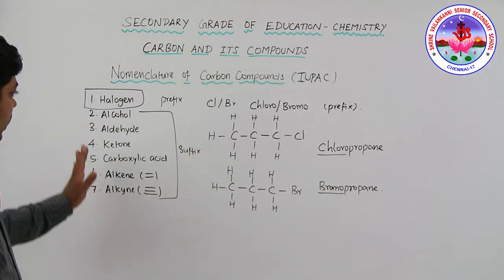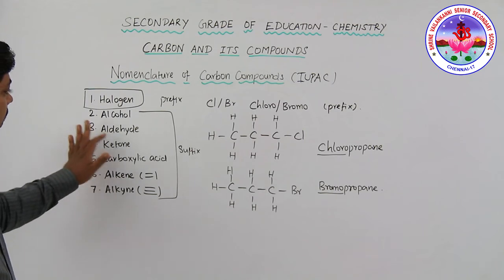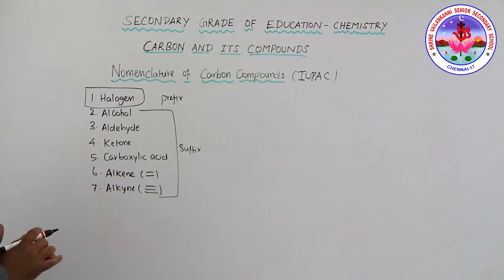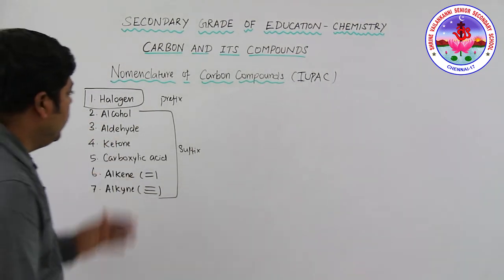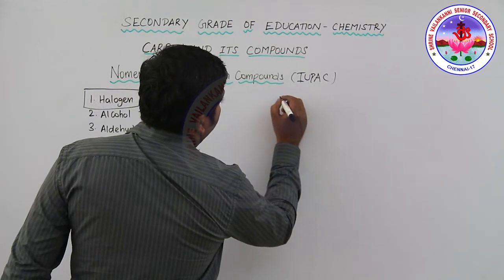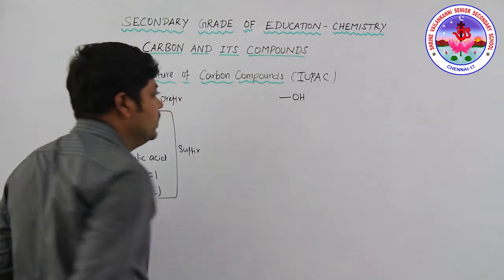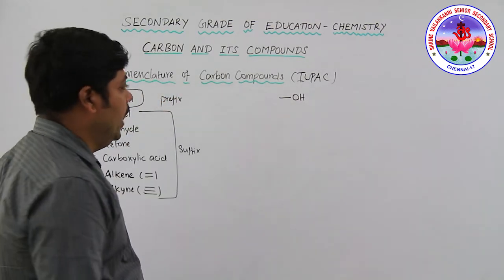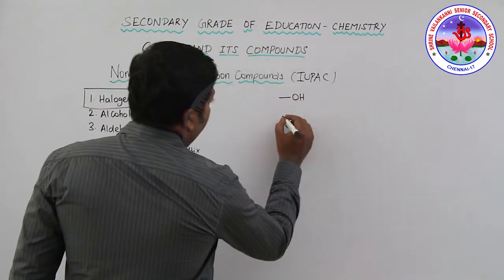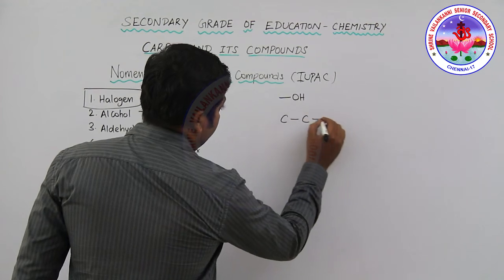Next we will see the alcohol, aldehyde, ketone, carboxylic acid. For alcohol, the functional group indicated is OH. Now for the carbon compound, suppose 3 carbon atoms are present.